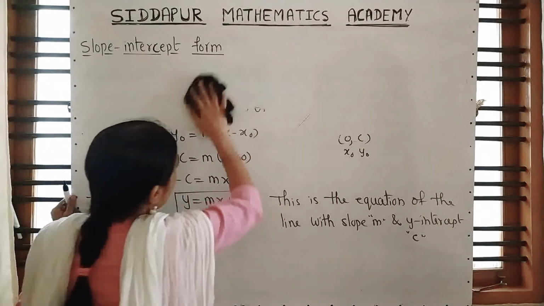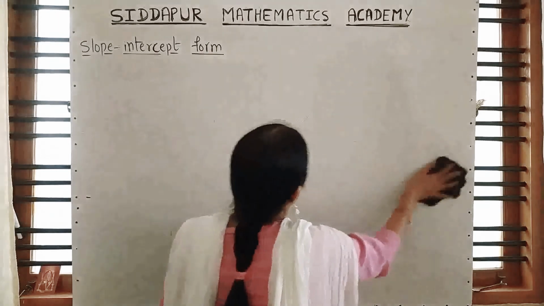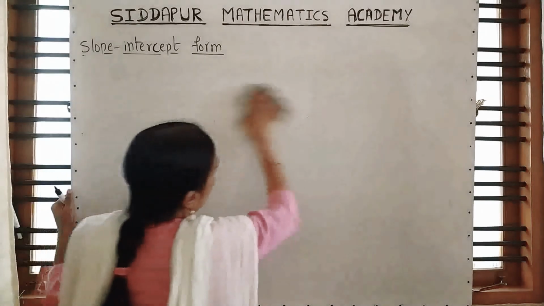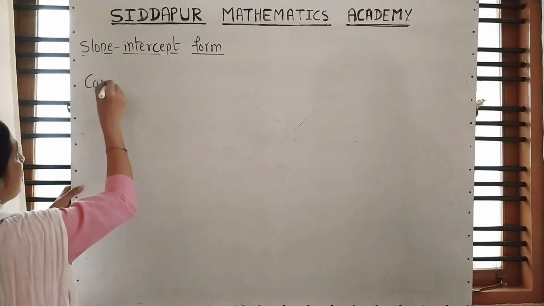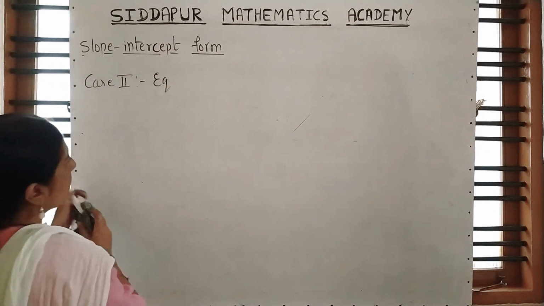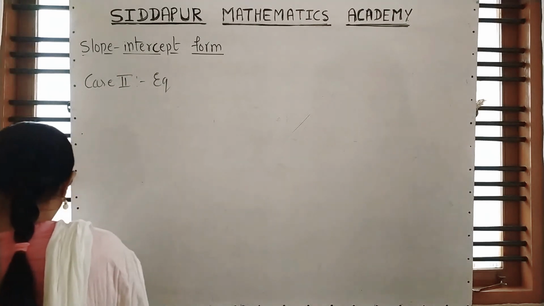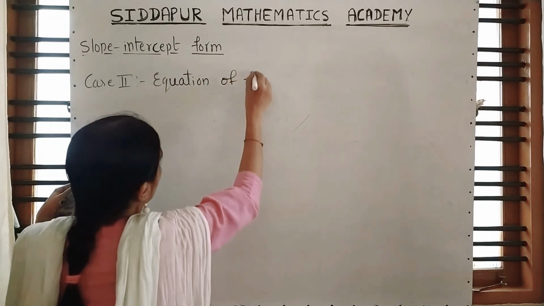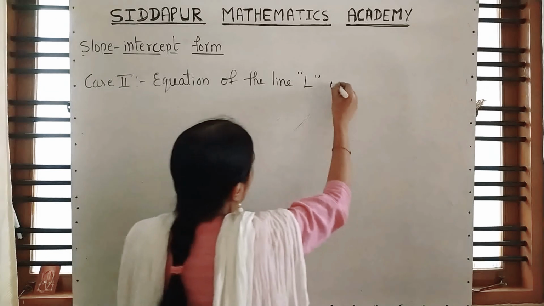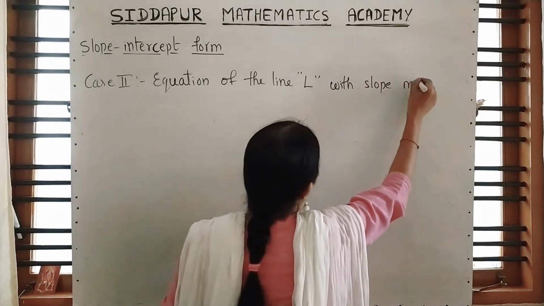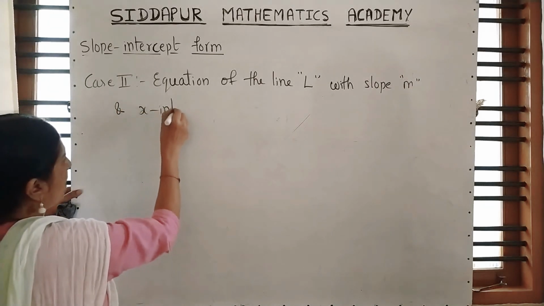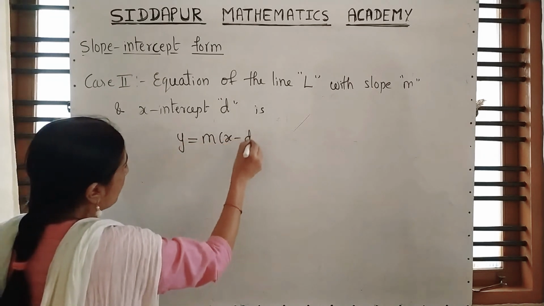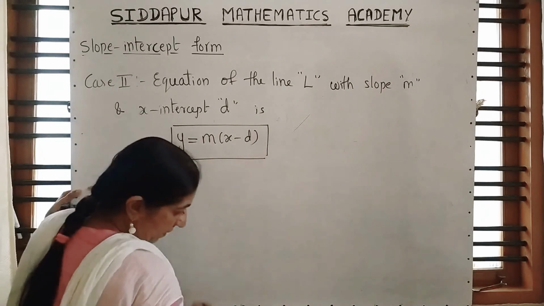In case 2 we don't have any derivation. I will just give the formula. Equation of this line L with slope m and x-intercept d is y is equal to m in the bracket x minus d.